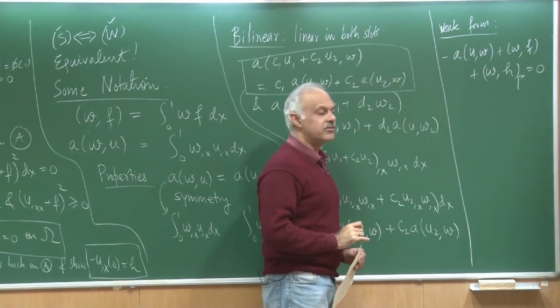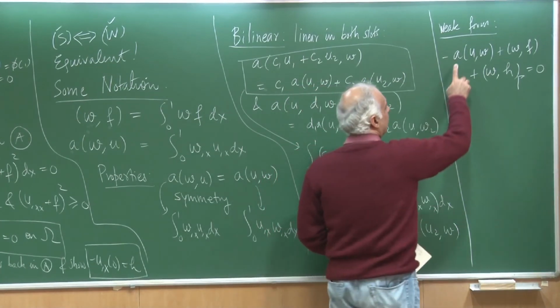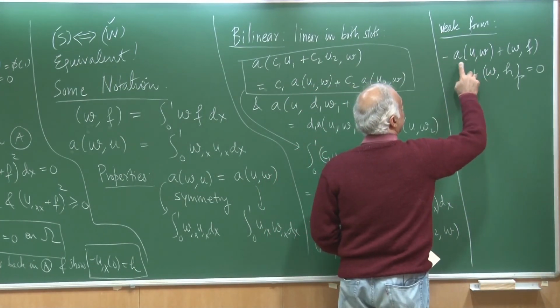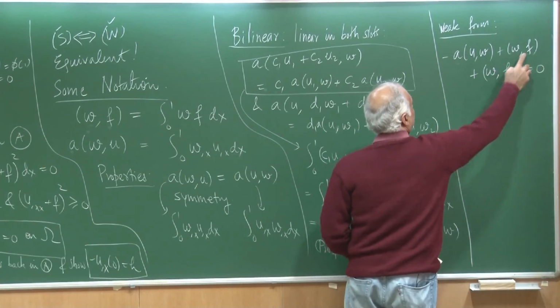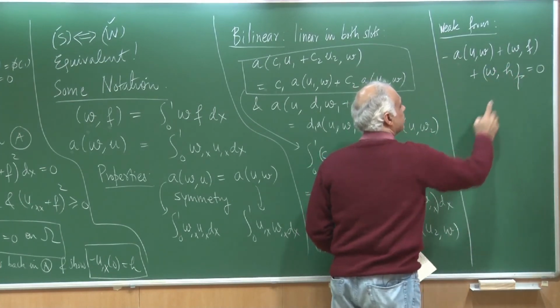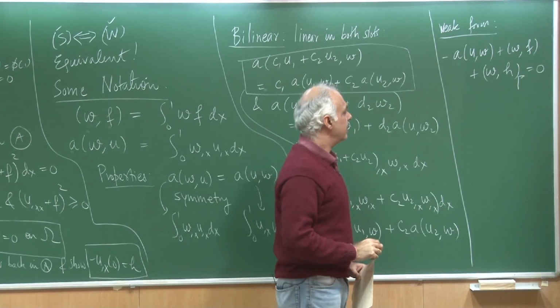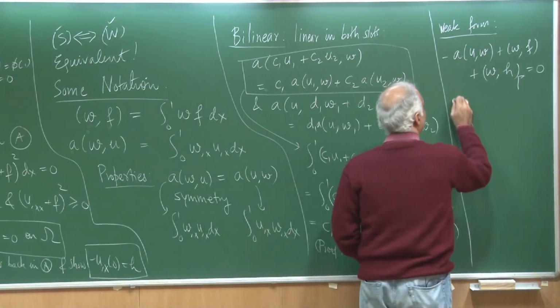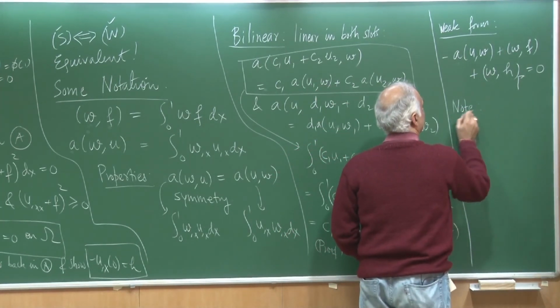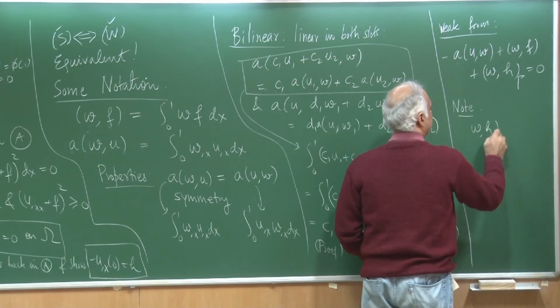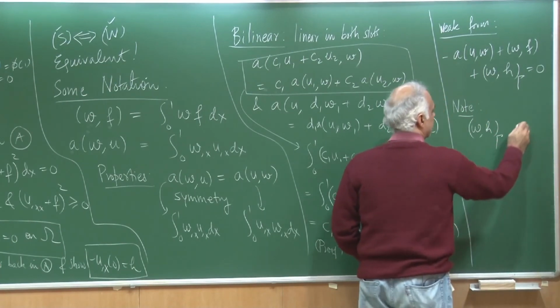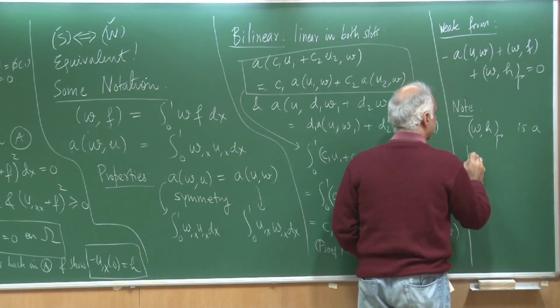This is the statement of the weak form, where I have already explained to you what this operator is. You already know what the inner product is. This one is a little bit new. So note that (W, H)_Γ is a boundary integral.